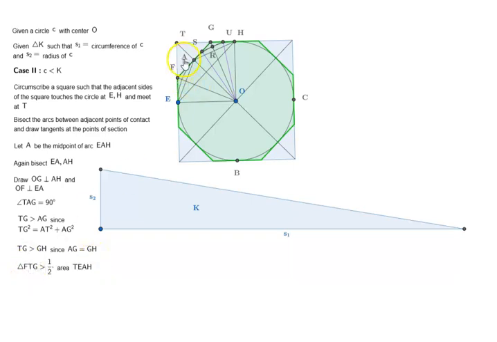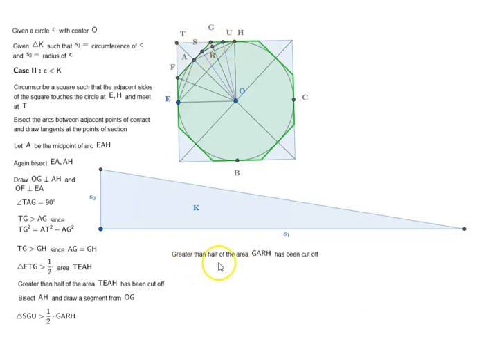And triangle FTG is greater than half of the area TEAH, meaning greater than half of the area TEAH has been cut off. Again, we bisect AH and draw a segment from OG, so that triangle SGU is greater than half of the area GARH. So again greater than half of the area GARH has been cut off.